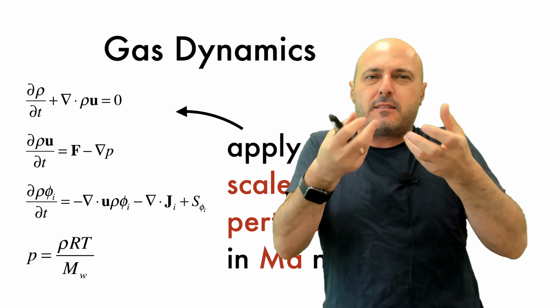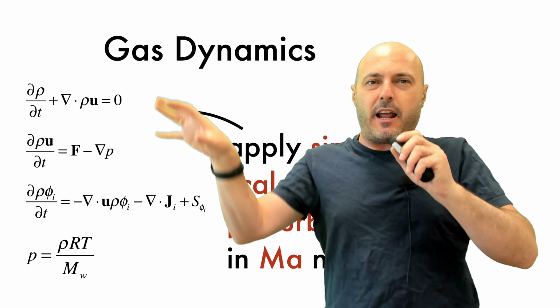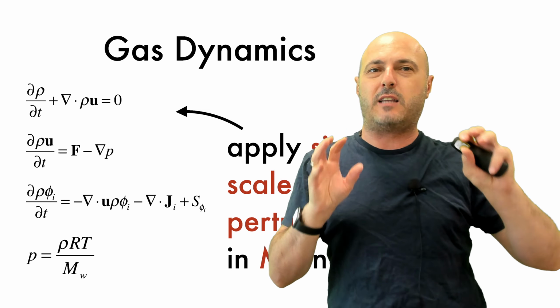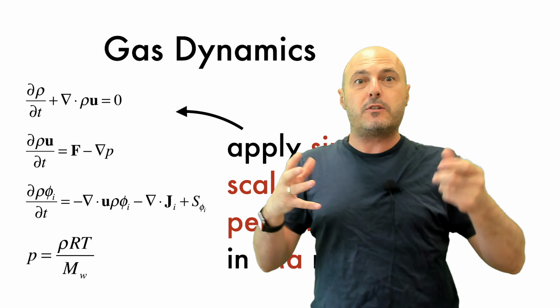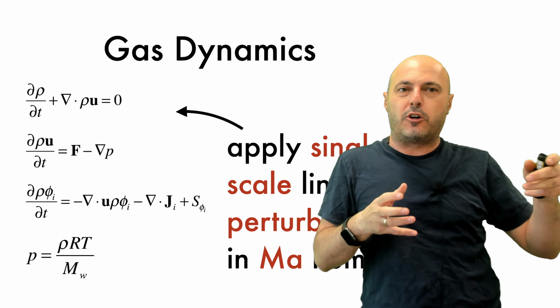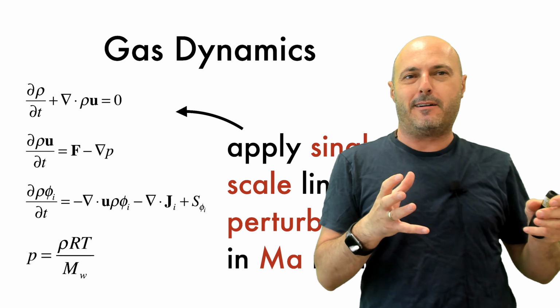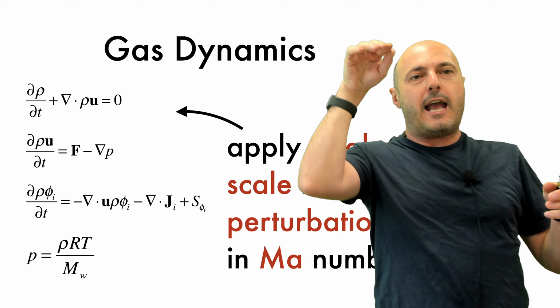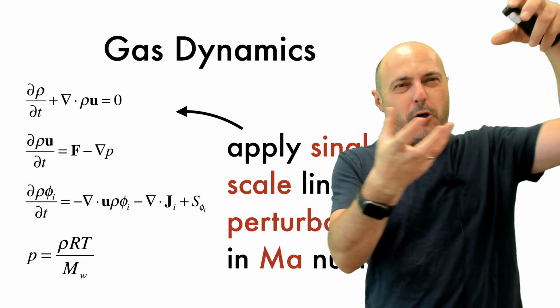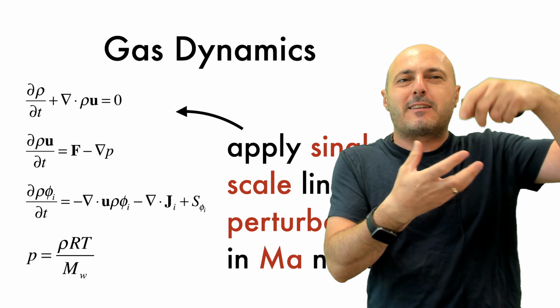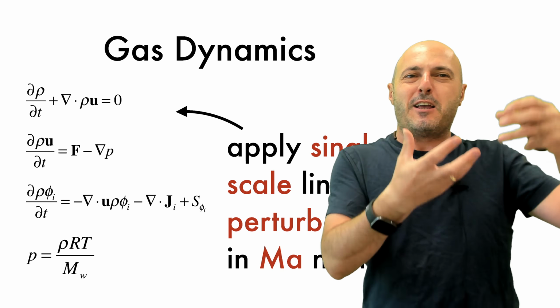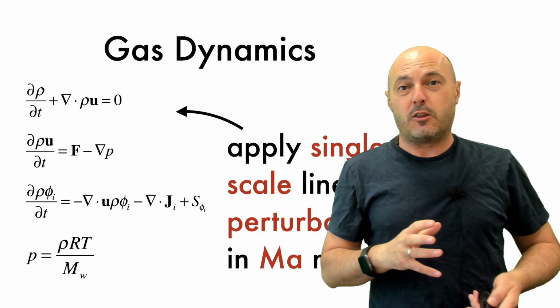Let's explicitly separate the non-acoustic portion from the acoustic portion. And let's do some scaling. Turns out that all the acoustic terms are scaled by the Mach number, okay, multiplied by the Mach number. And as the Mach number goes to 0, those terms become successively lower in magnitude compared to the other terms. So we neglect them. That has the effect of filtering out those waves.